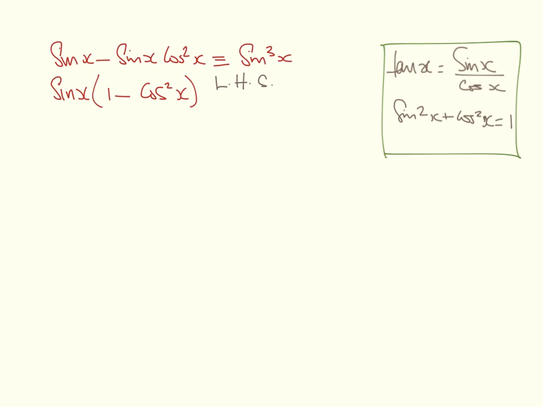Okay, good. So anyway, I factorized. I've taken the sine x out. So sine x times 1 gives me back my sine x, and sine x times cos square x gives me that back. But hang on a minute. 1 minus cos square x, we know what this is. That came from the first slide at the very beginning: sine square x is 1 minus cos square x, if the cos square x goes over there.